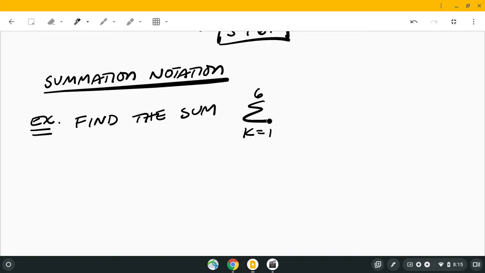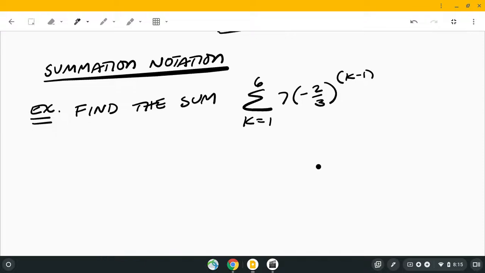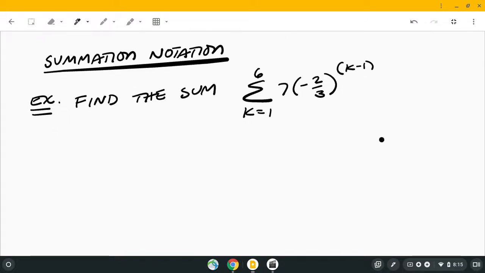The first term, second term, third term, fourth term, fifth term, all the way up to the 6th term. And this is your formula to find each term. But I don't need to find all 6 terms and then add them up with a calculator, because I can use the Sn formula, right?